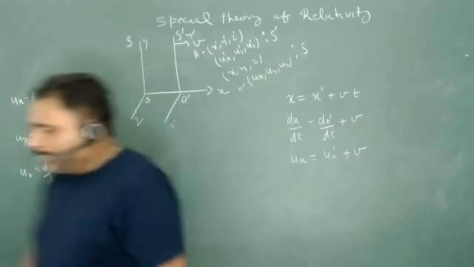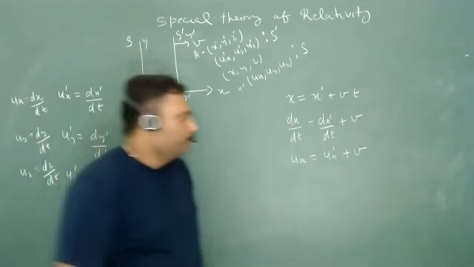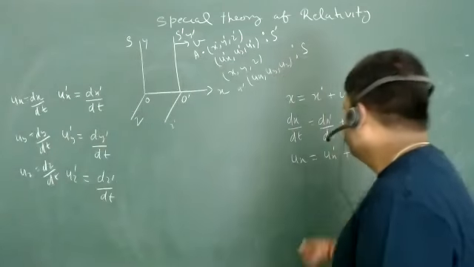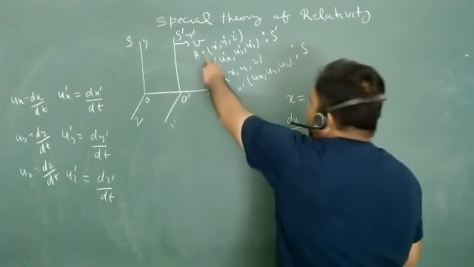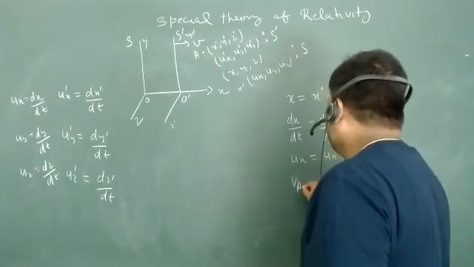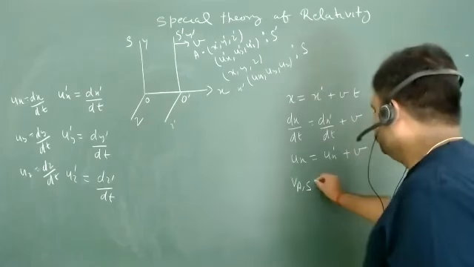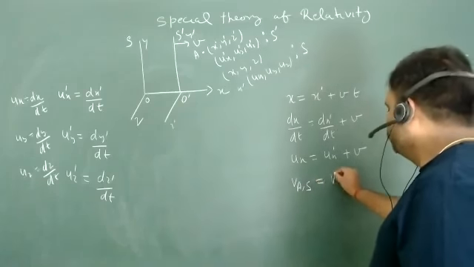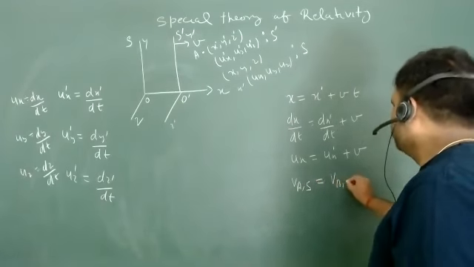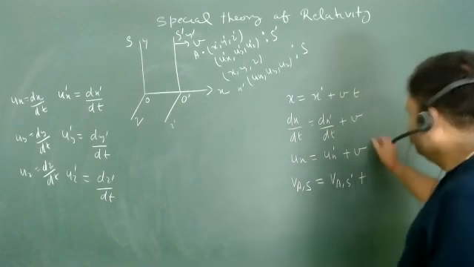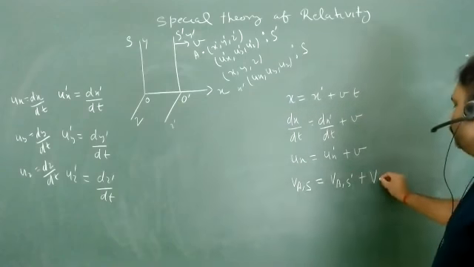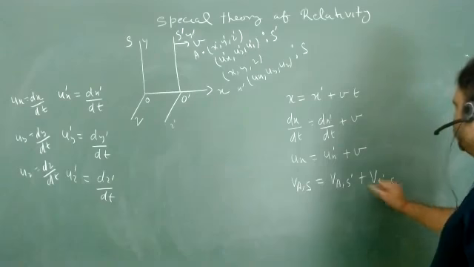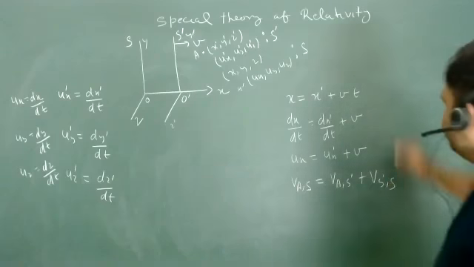And we can write this as velocity of a point A with respect to S must be equal to velocity of a point A with respect to S dash plus v. And what is v? Velocity of S dash with respect to S, isn't it?